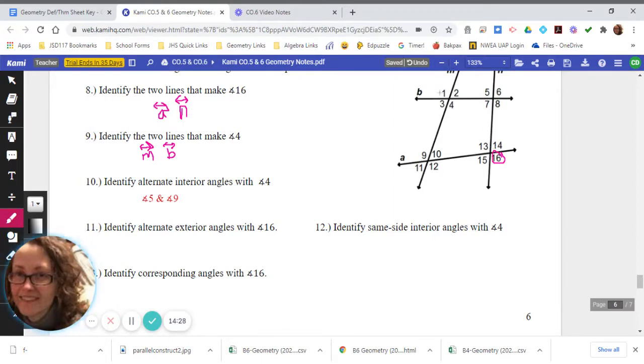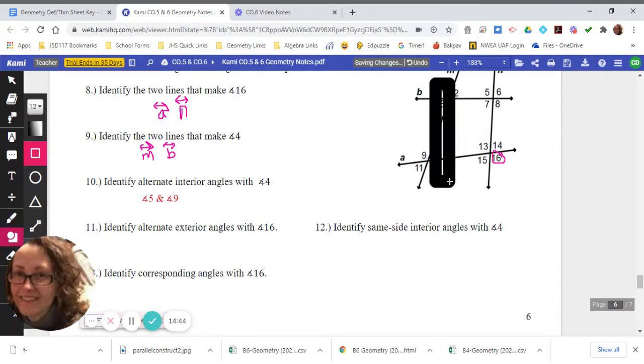So if you want, you can cover up one line at a time, anything that does not include 16. So I can cover up this part over here. And now it's just a little bit easier to focus. Alternate exterior angle, one of them would be right here.